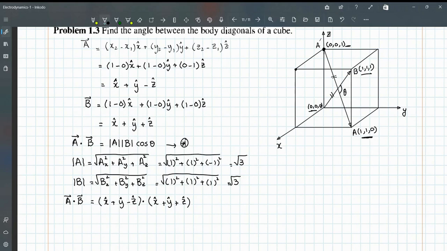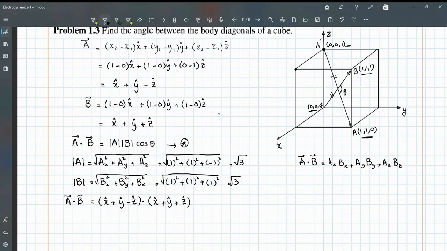The dot product between two vectors is simply A dot B equals ax bx plus ay by plus az bz.